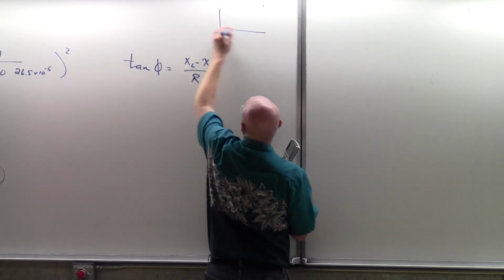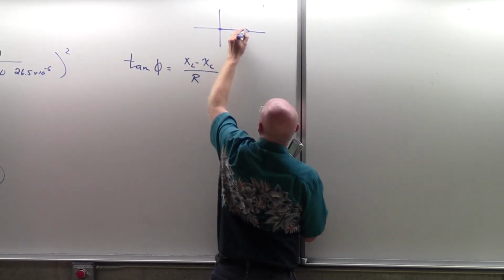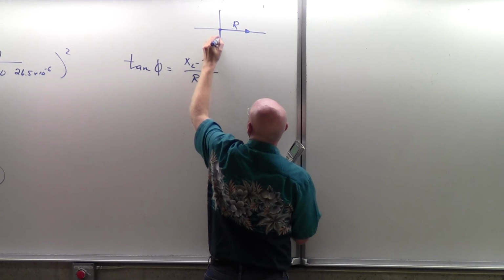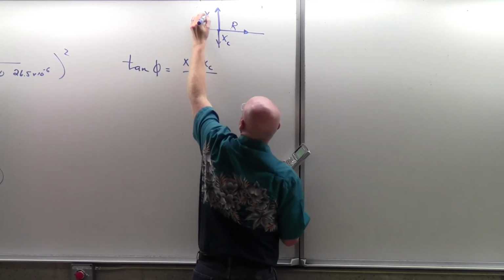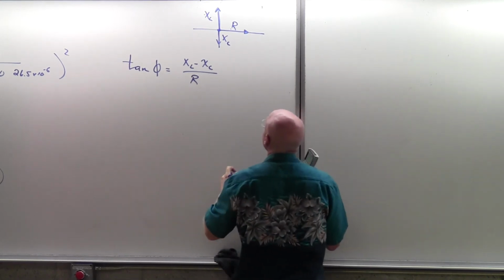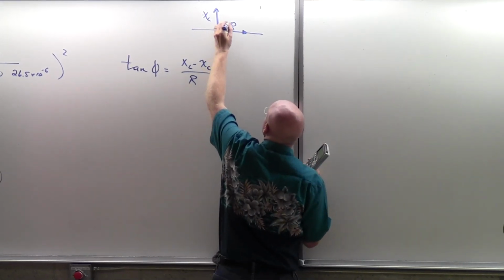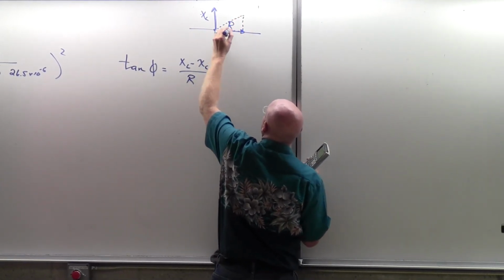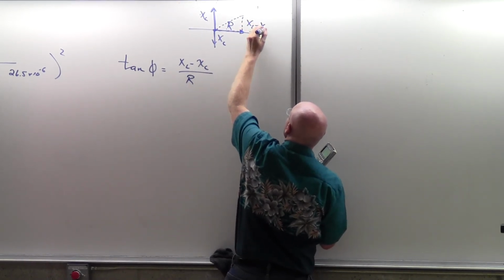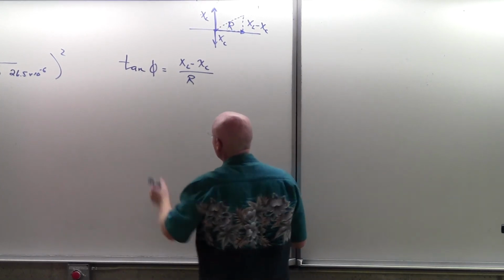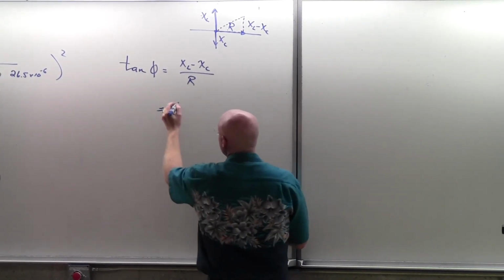Our phasor diagram looks something like this. You had the resistance here, then the reactance of the capacitor, and then the reactance of the inductor. If you added those together, this right here would be the reactance of the inductor minus the capacitor.